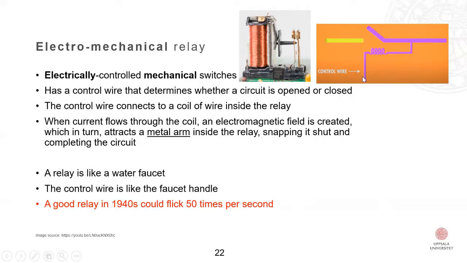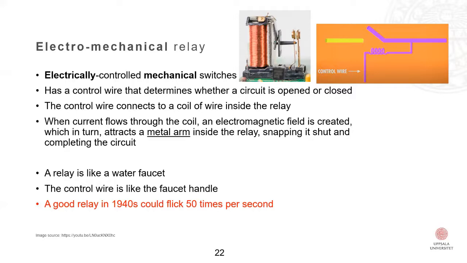So here you see they have a wire that is called the control wire. Whether or not there is electricity flow in the control wire determines whether or not the circuit is open or closed. So this relay will be used in the computer and will be connected to the other elements in the circuit. In electrical circuits, we have wires, resistors, capacitors, diodes, and relays in this case.